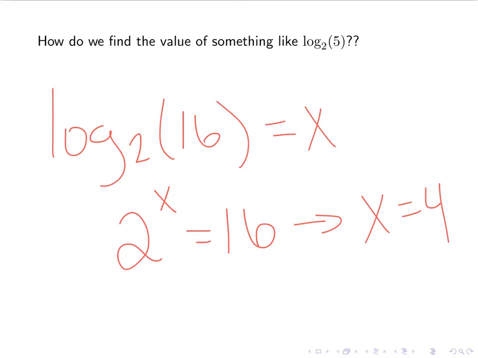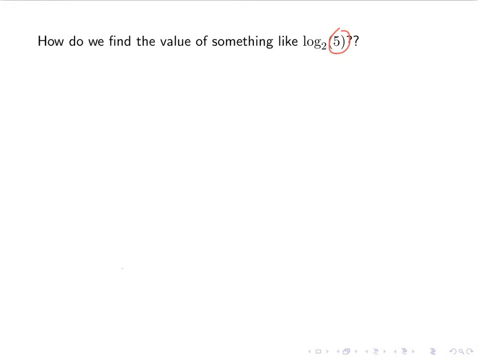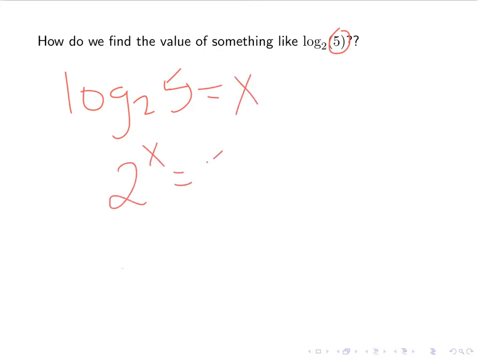However, if what's inside of here can't easily be written as a power of my base, we're kind of at a loss. If I wanted to rewrite this, I have log base 2 of 5 equals x, then 2 to the x equals 5. Again, just off of that, I don't know the answer. I do know a little bit about it though.